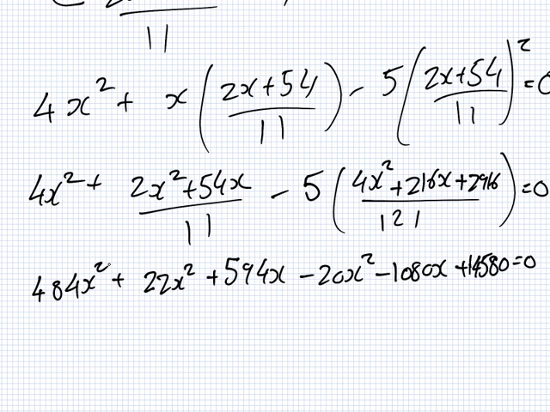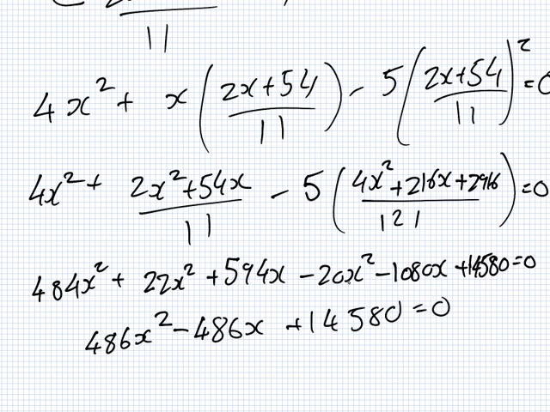Is that okay? Yeah. So how many x squareds do I got? I got 486 x squareds. Yes. How many x's do I have? Is it minus 486x? Is it? Help the teacher out here. Plus 14,580.